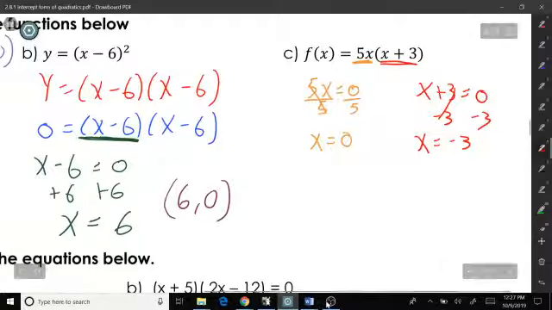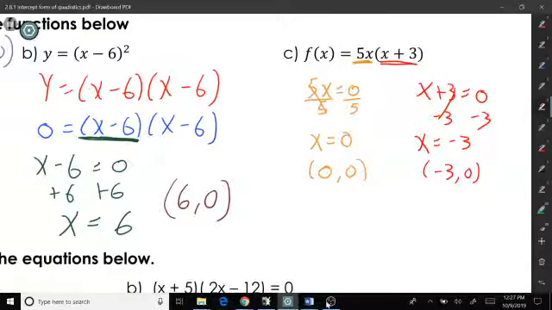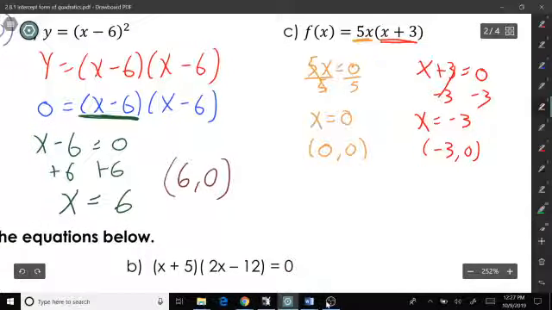So then our intercepts become negative 3 comma 0 and 0 comma 0. So those are the two x-intercepts.